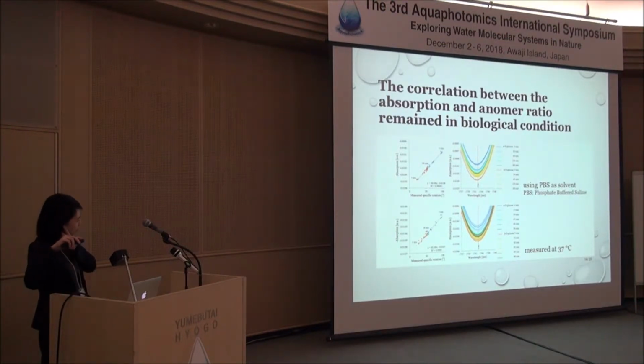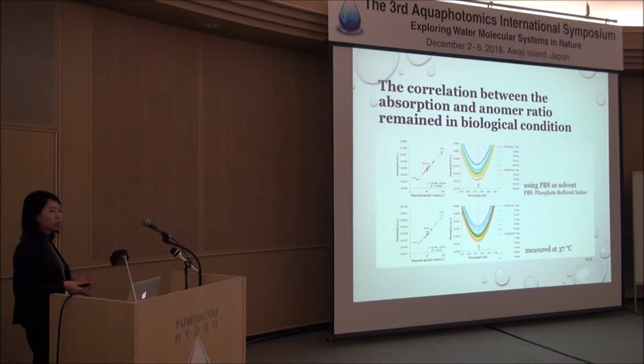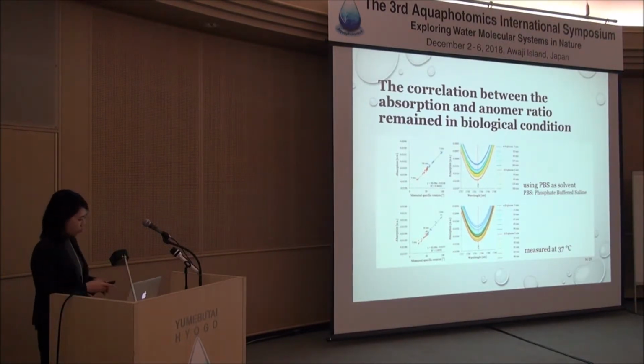The upper panel is glucose anomer solution in PBS, and the lower panel is a glucose solution at 37 degrees. You can see the strong correlation between absorbance at 1742 nanometers and specific rotation remained in biological conditions. It suggests that this wavelength is useful to predict the anomer ratio of glucose in cells or bodies.